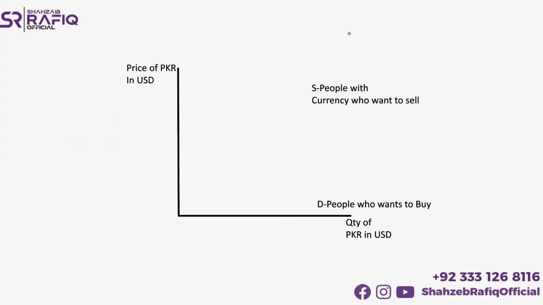Here, the y-axis represents the price of PKR in USD, whereas the x-axis represents the quantity of PKR we need to buy USD. It means that the demand curve will represent dollar, and the supply curve will represent PKR.